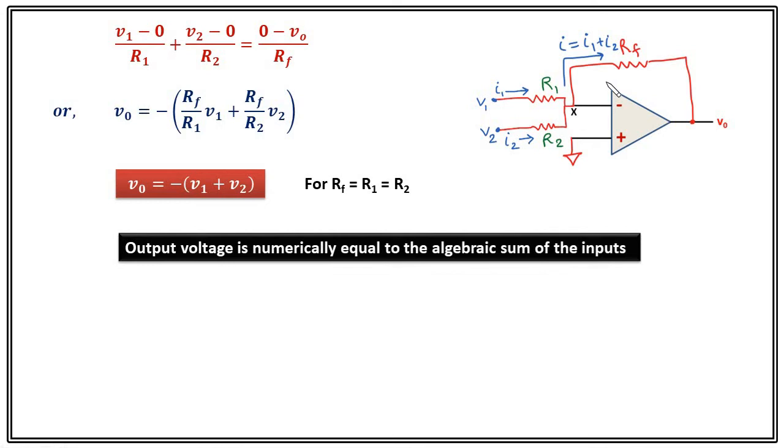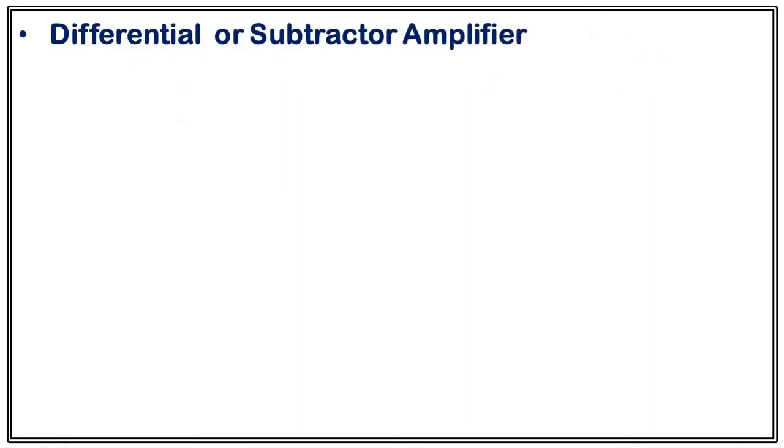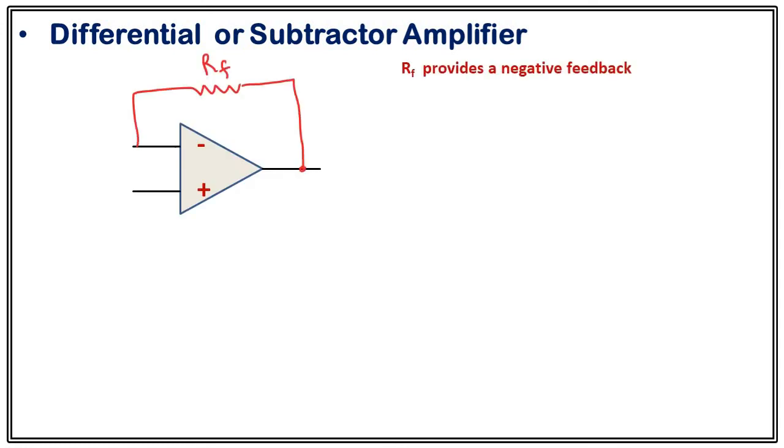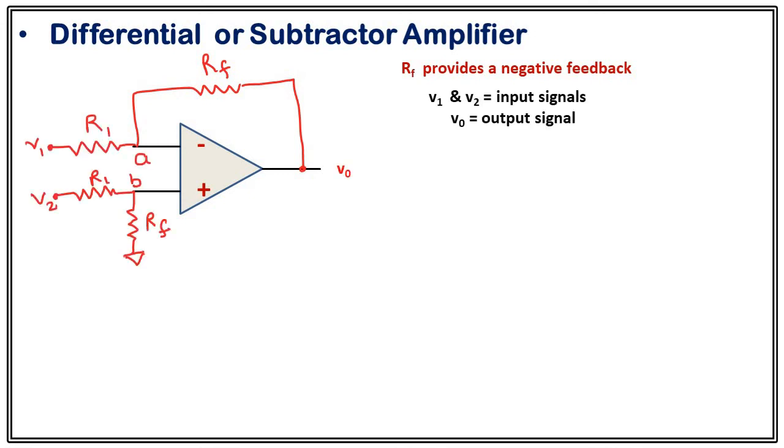Now let's move to the subtractor amplifier. To construct a subtractor amplifier, again we will begin with an amplifier. Then we need to connect a negative feedback resistance here. Now we just need to connect the inputs V1 and V2.